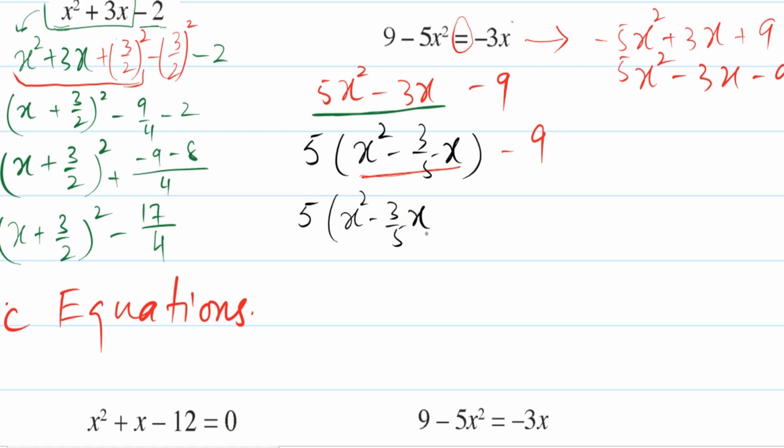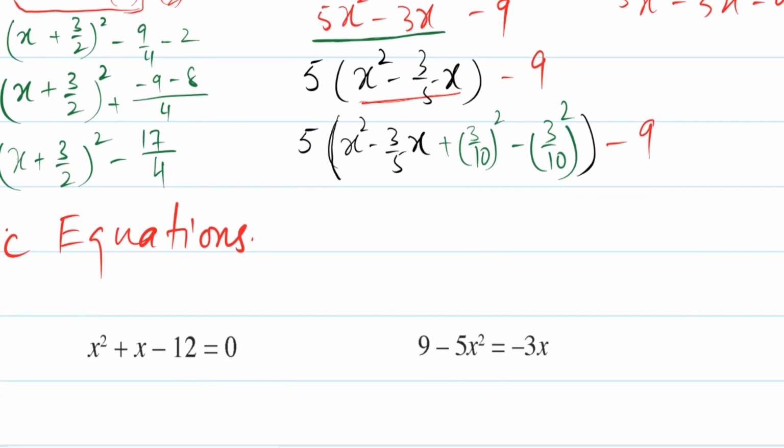Here the coefficient of x is 3 over 5, so half of 3 over 5 is 3 over 10. So plus 3 over 10 whole square and then minus 3 over 10 whole square. And then the bracket is closed and minus 9 will remain as it is.